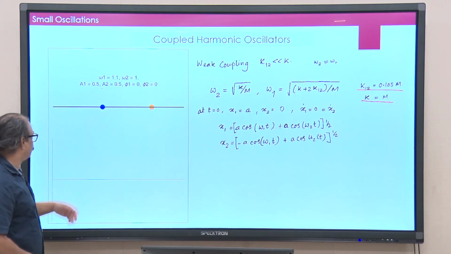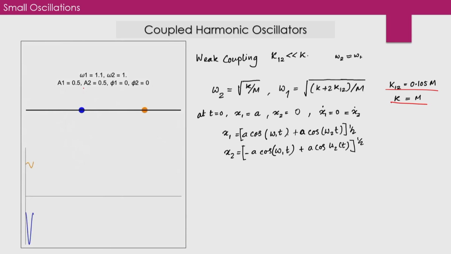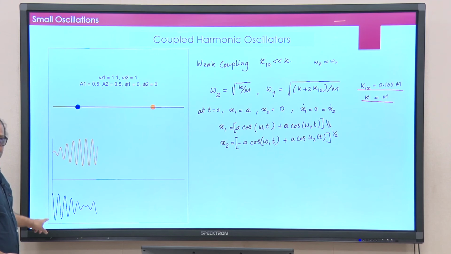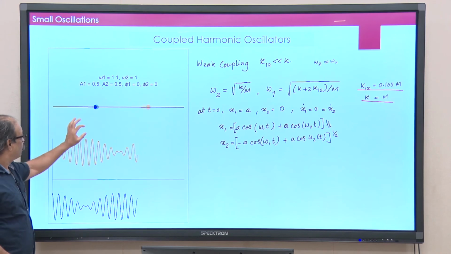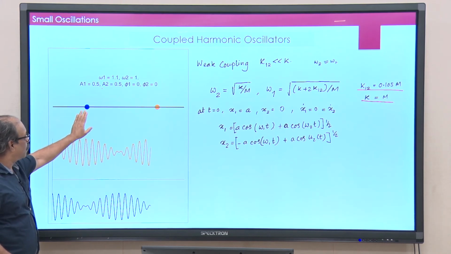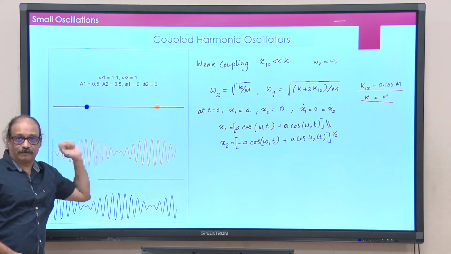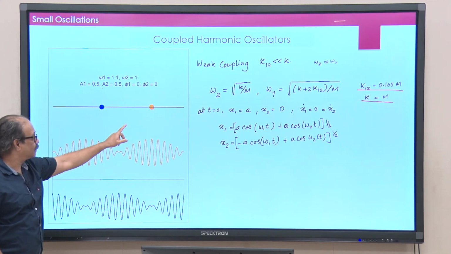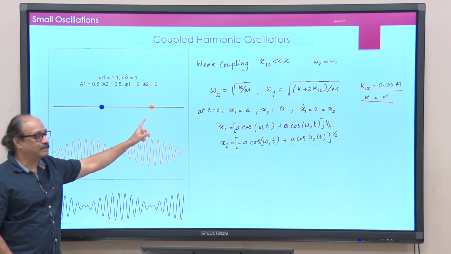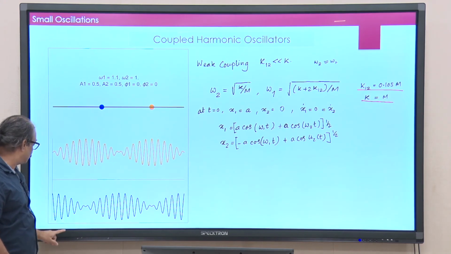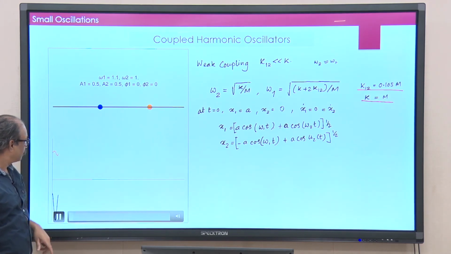If you look at this motion, one bob has all the energy, whereas the other one does not have any energy. For some time this bob will come to near halt while the other bob is moving violently, and after some time this one comes to a standstill and that one starts moving fast.